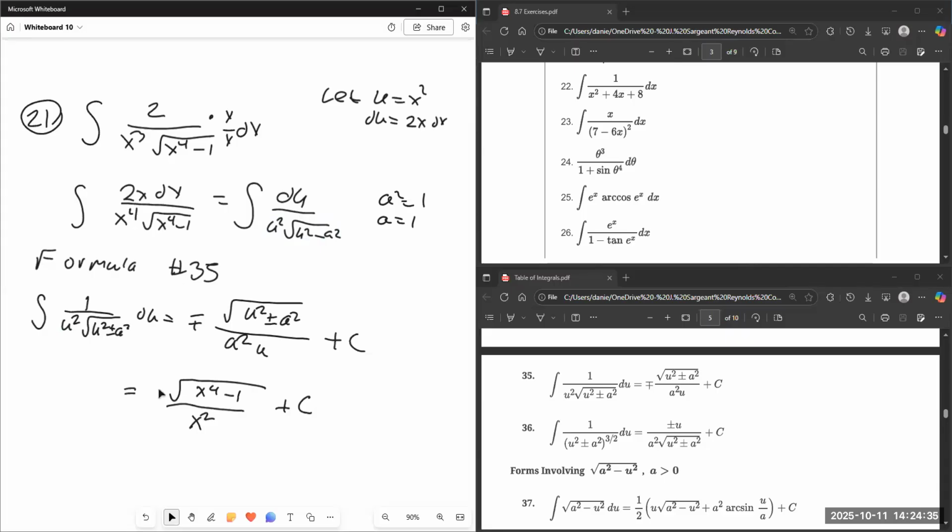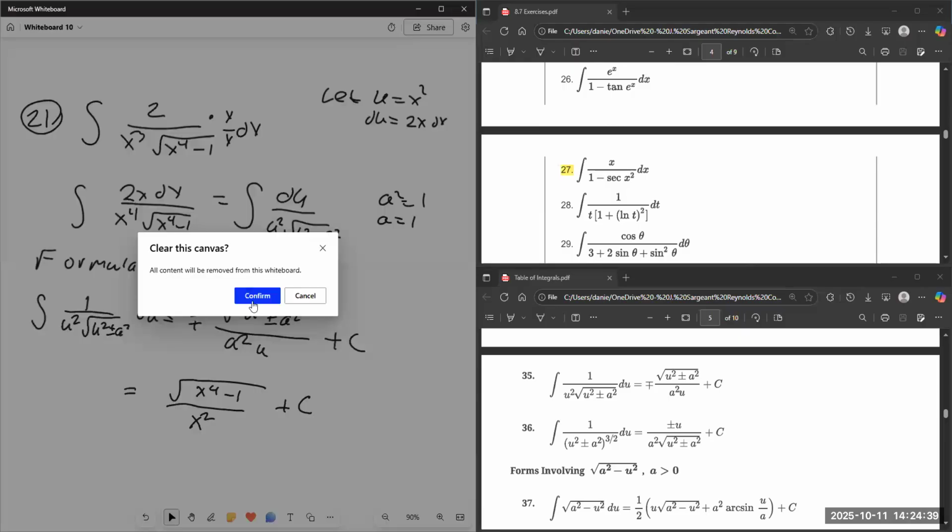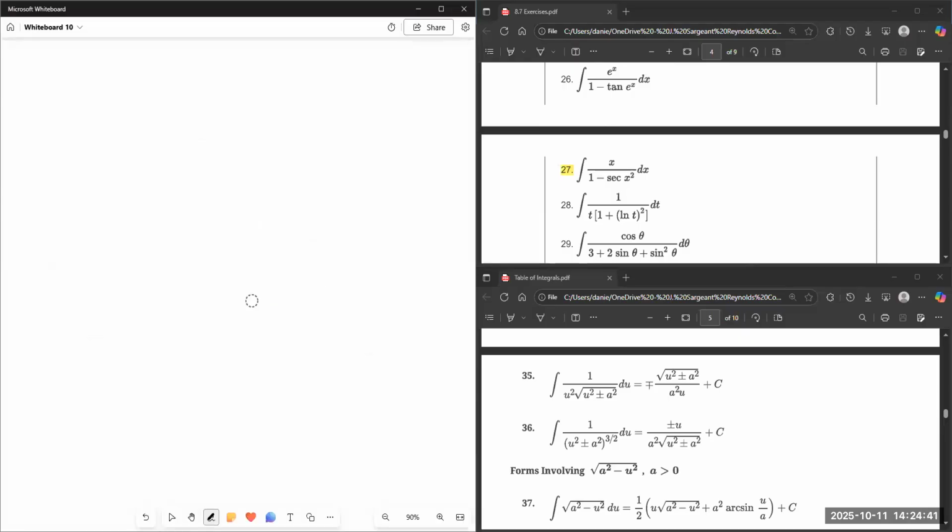All right, let's look at number 27. 27 says the integral of x over 1 minus secant of x squared dx. I think that u is probably x squared. du is 2x dx, but I need a 2. And I need a 1/2.